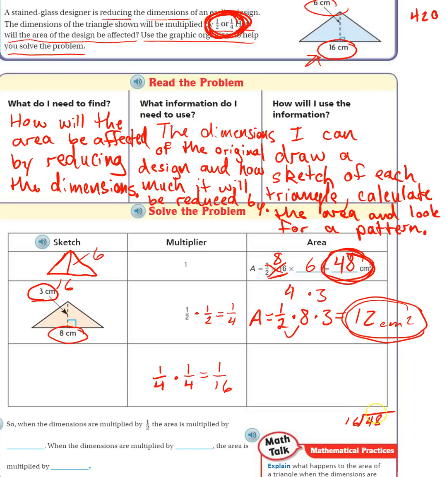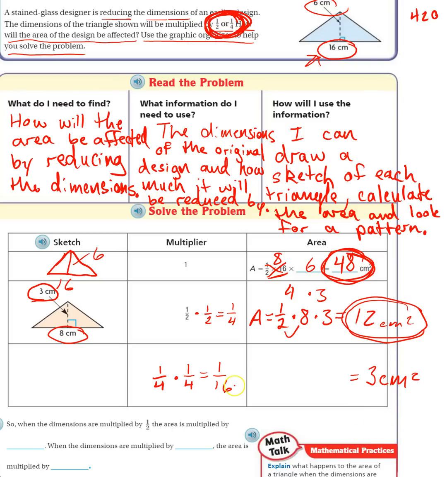Okay, let's see what we would get there. Well, 16 times 2 I know is 32, so one more would be 3, and 16 times 3 is 48 exactly. So I'm going to make a prediction here based on the patterns that I've seen from the last page and this page, that my area is going to be 3 centimeters.